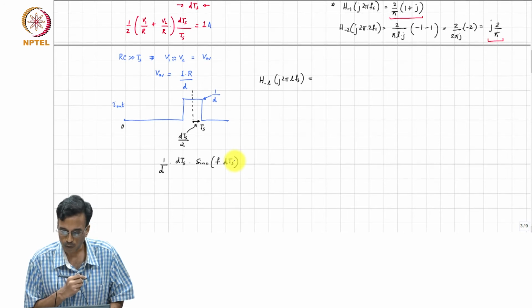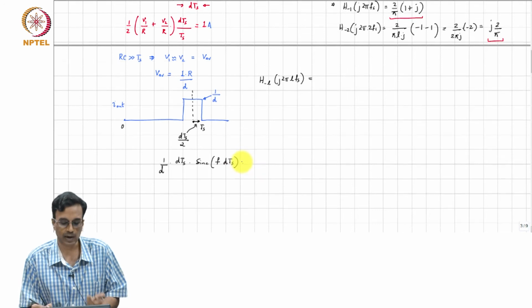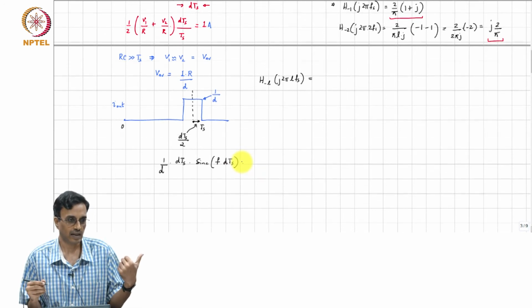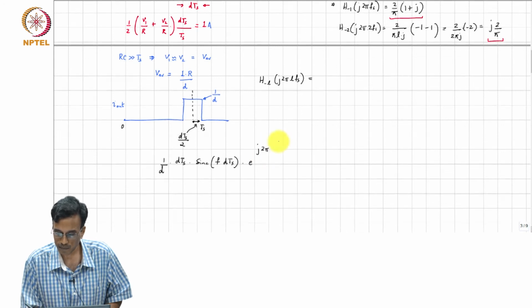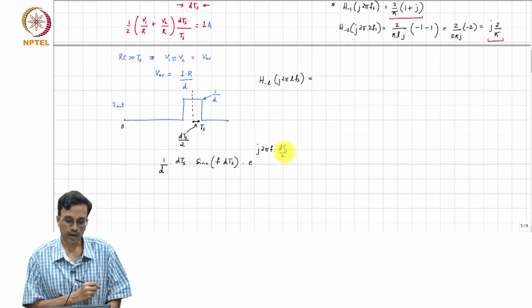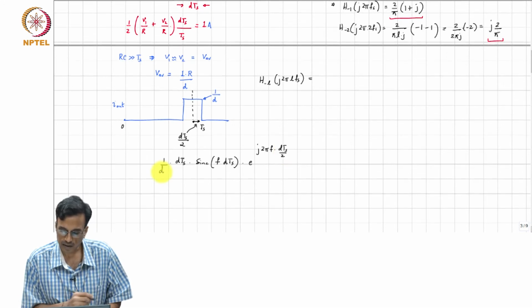And then we have to move it to the left by dTs by 2, so this is multiplied by e to the j 2 pi f times dTs over 2. This is the Fourier transform of the rectangular pulse, and this you have to sample.